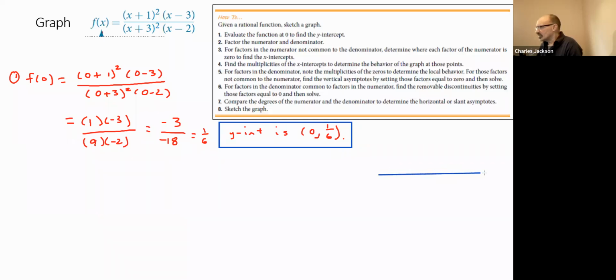Zero, 1/6 is the y-intercept, so that's important.